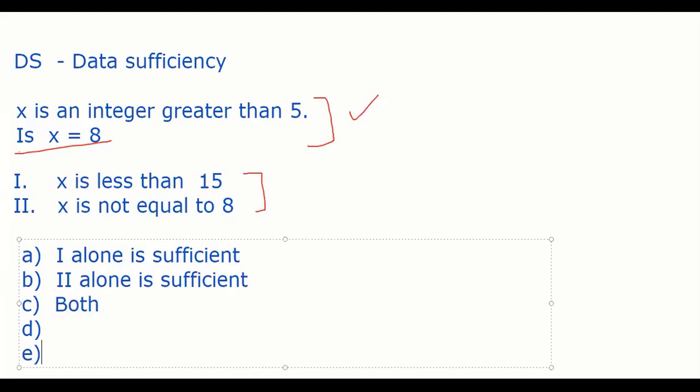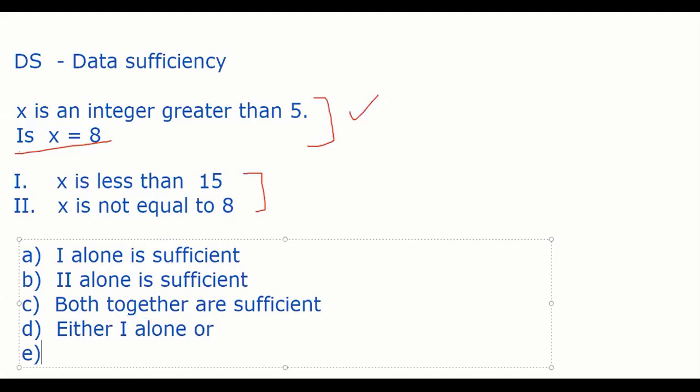Option C says both together are sufficient. Option D says either 1 alone or 2 alone is sufficient.